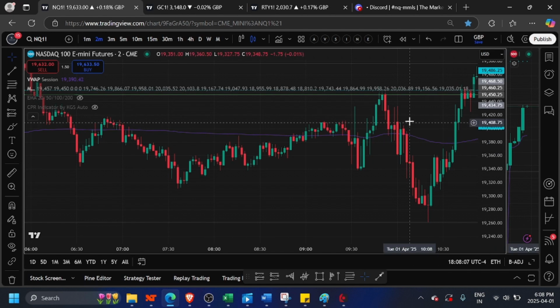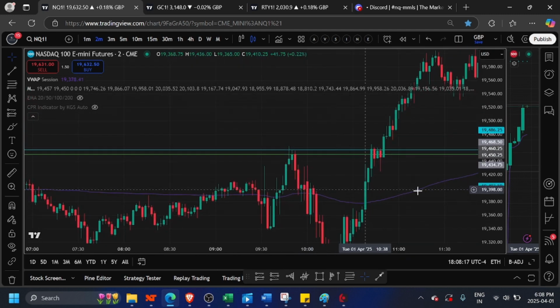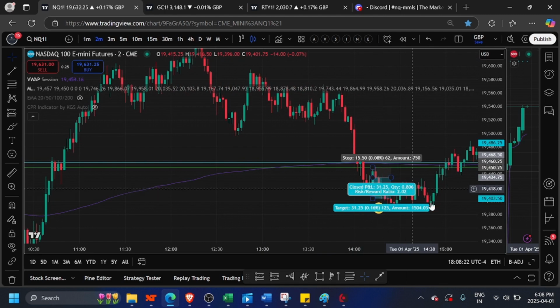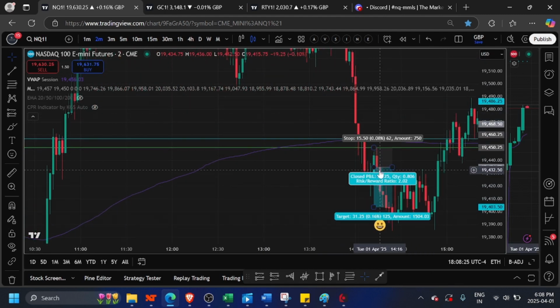You can use whatever entry model you want to use. This was on the open, price opened at 9:30 and came to this level and rejected. You can see how useful these levels are. I took this trade as well. This was a break and retest: it broke, retested, and gave me a rejection. I took a 1 to 2 trade.